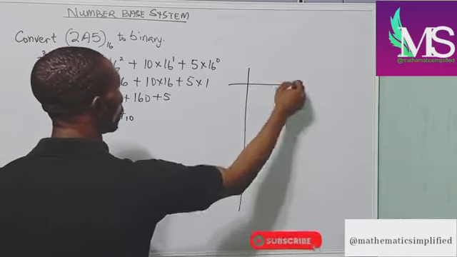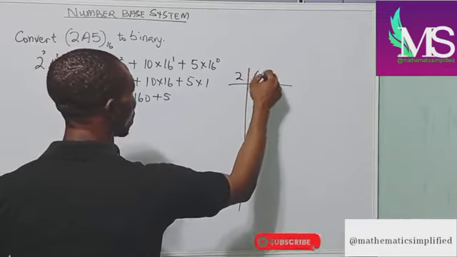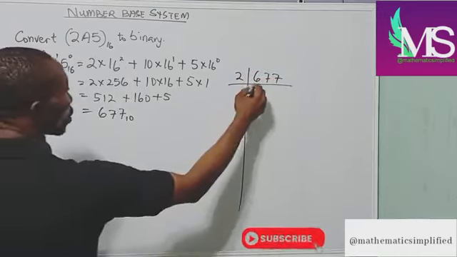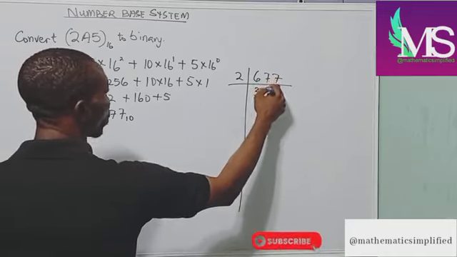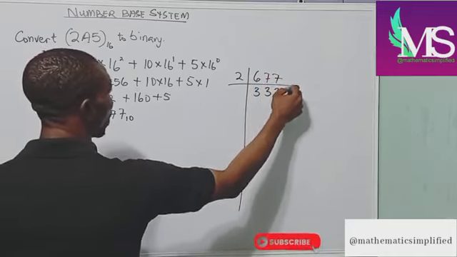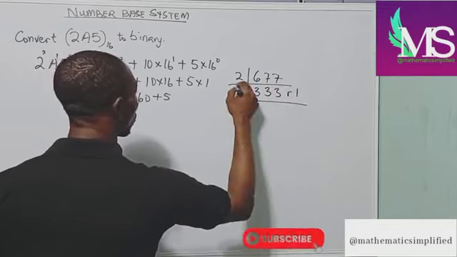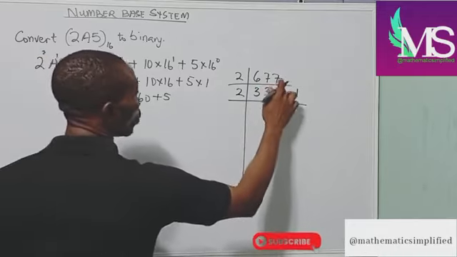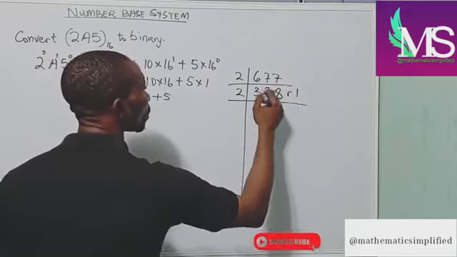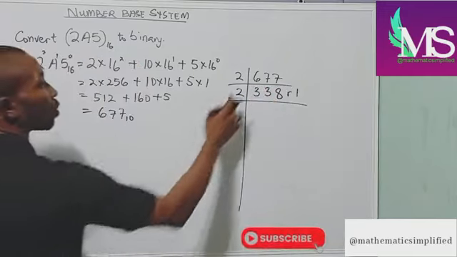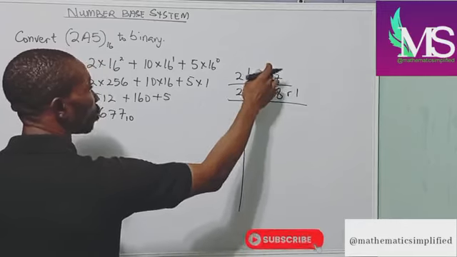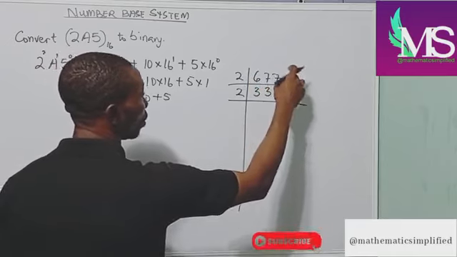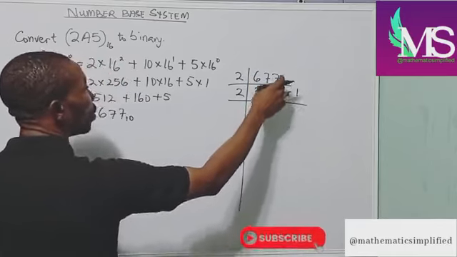So this becomes 2 into 677. How many times will 2 go in here? 2 into 6 is 3, 2 into 7 is 3, remainder 1.